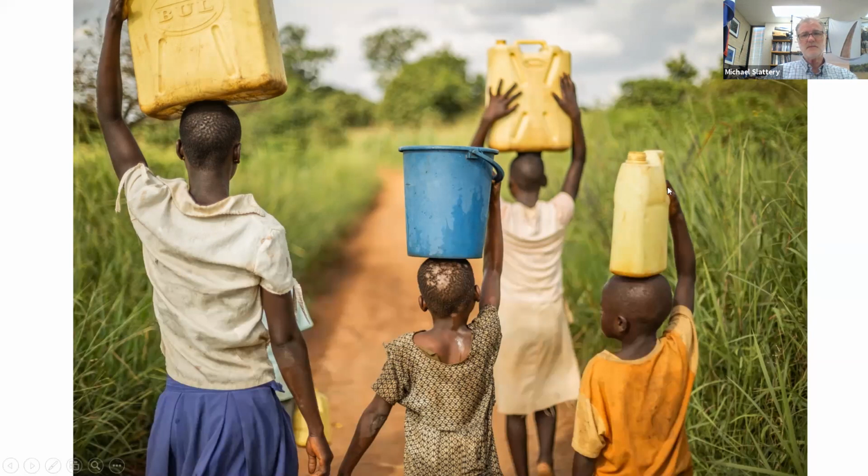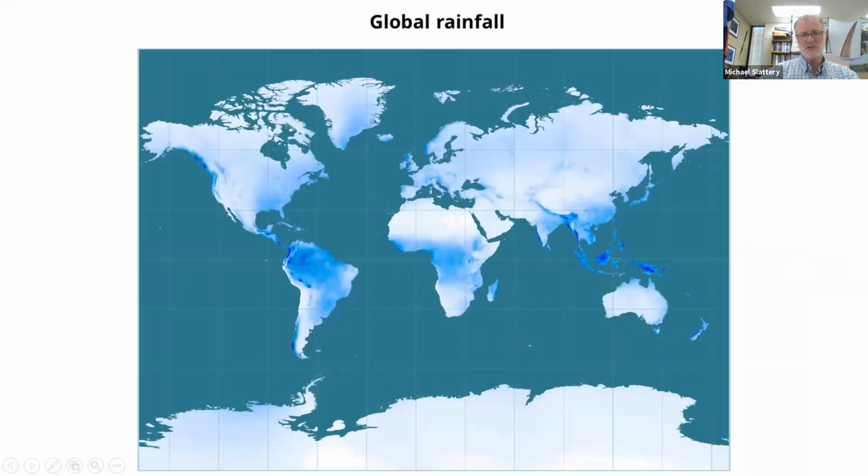It's not just a question of where the rain is, right? This is another one of these generalized maps, and as you get into the darker blues here, you get higher rainfall. So as expected, we get lots of rain in the tropics where the tropical forests are, but there are some critical drought hotspots, if you think of water supply.